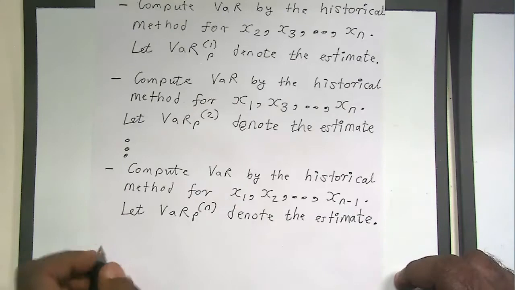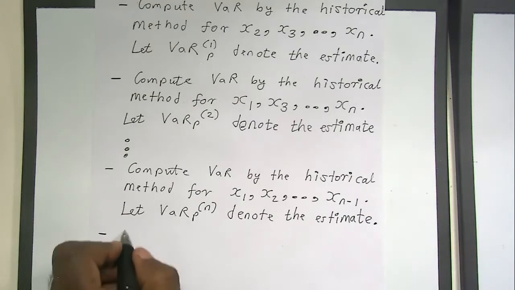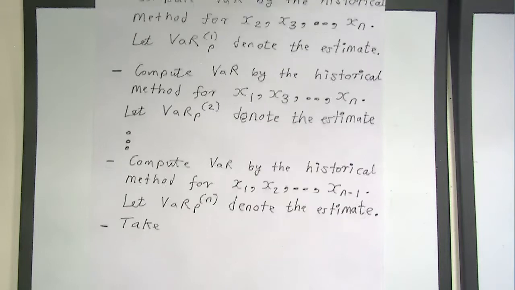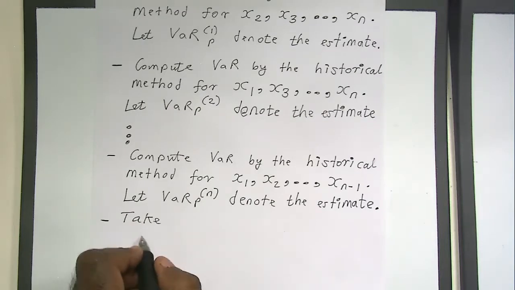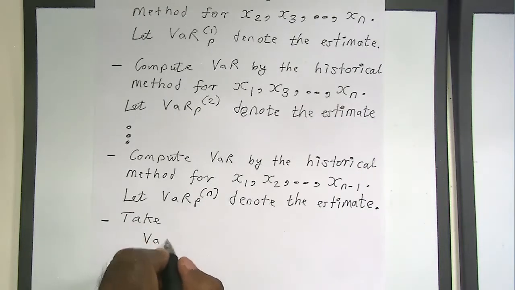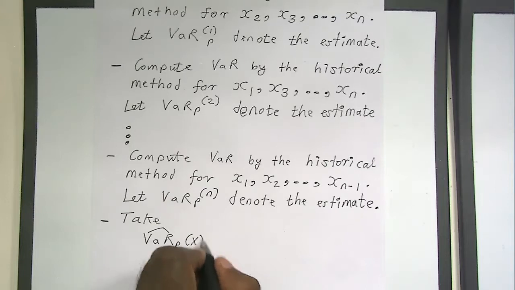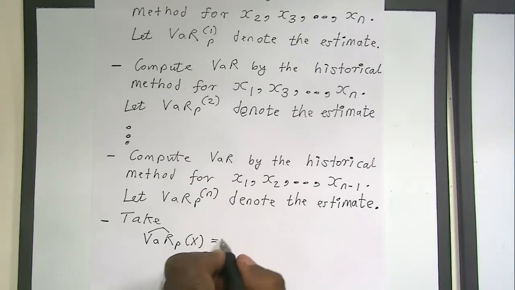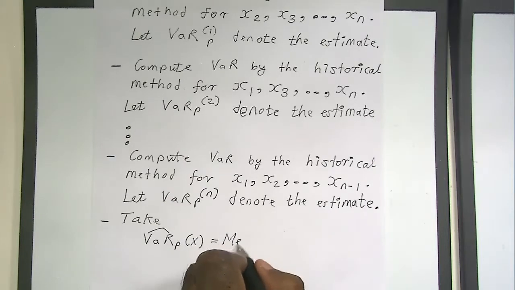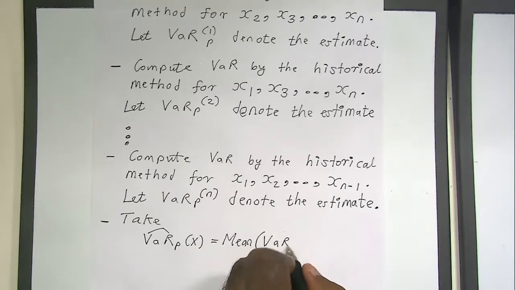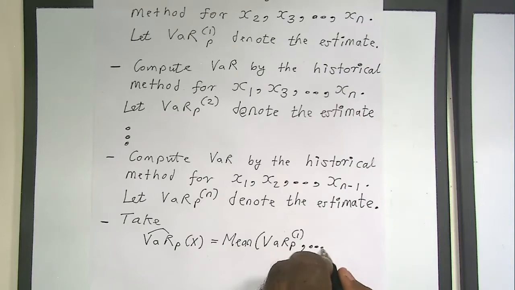And the final step is the following. Take the final estimate for VaR as either the mean or the median.